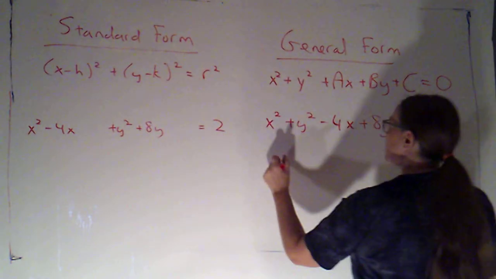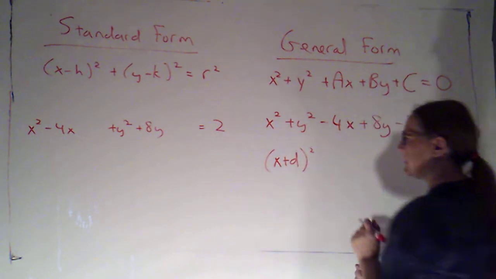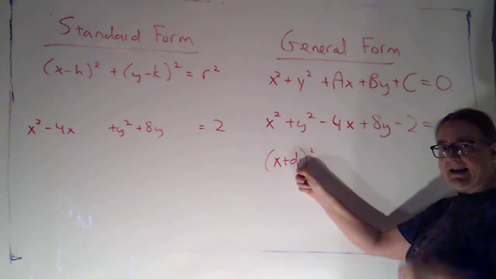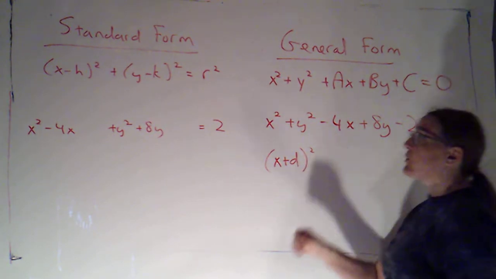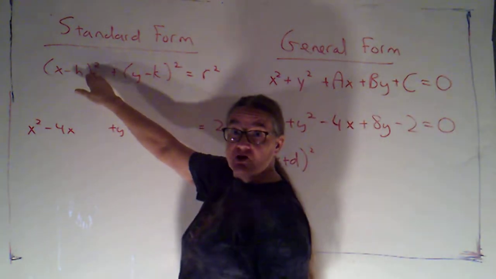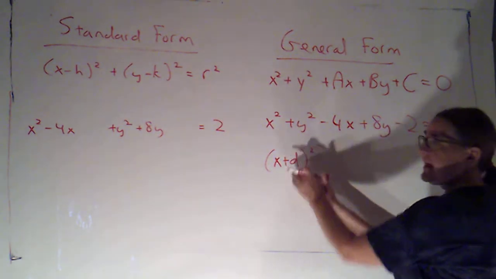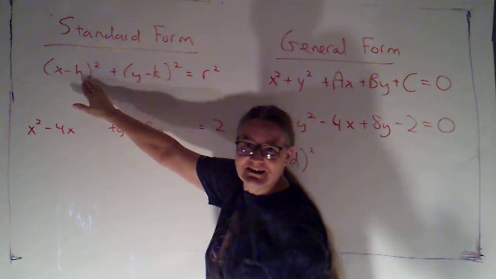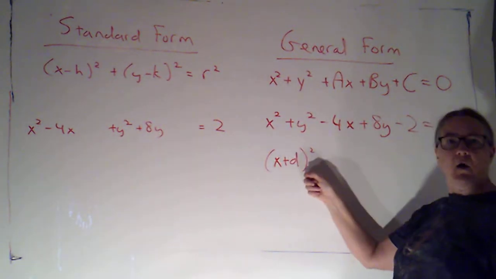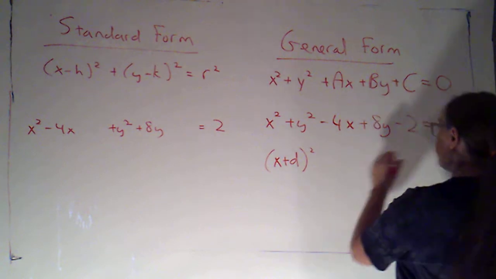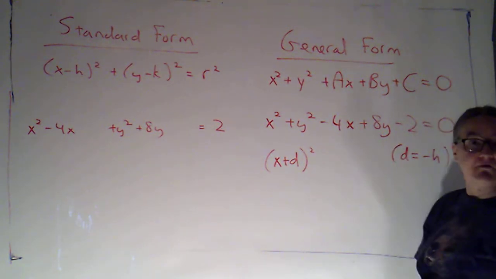Let me just remind you, if I have (x + a number)². Now I'm purposely writing it as plus some number that I'm just calling d rather than minus h, because I'm recognizing that d can be positive or negative, h can be positive or negative. It's just easier to work with what I would have if I were adding something. So essentially I'm saying here d is just the opposite of h.